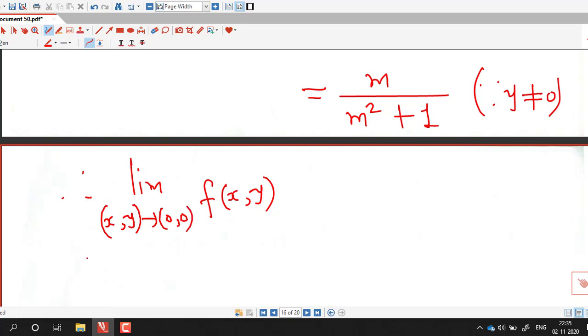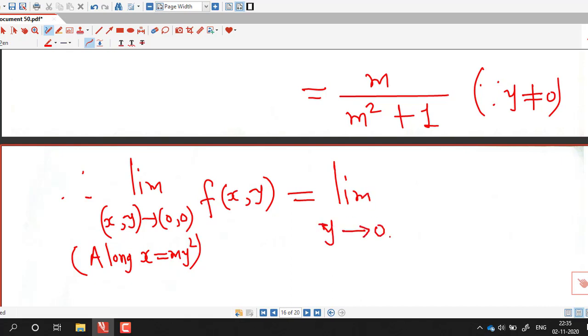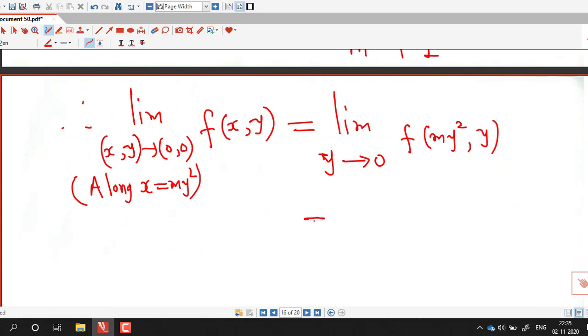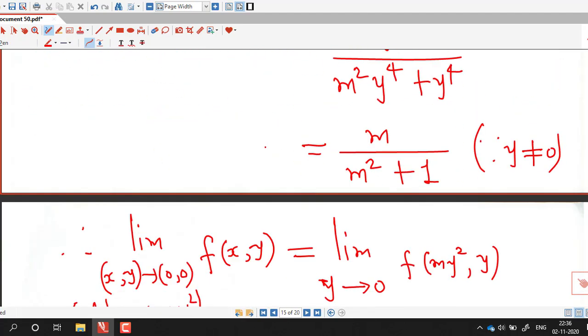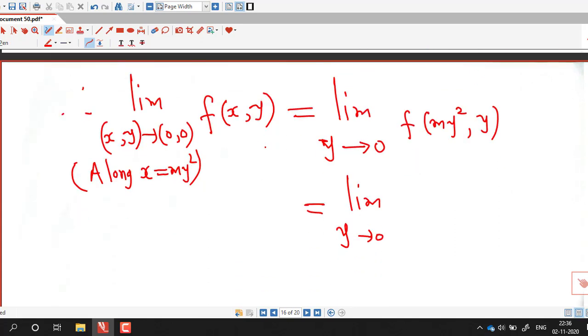So now we check along x equal to m y square. Because we are putting x equal to m y square, we will have y tending to 0. We have seen that if we put x equal to m y square, our function reduces to m over m square plus 1, which is independent of y.